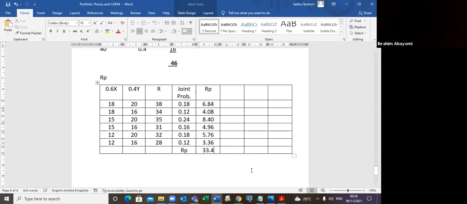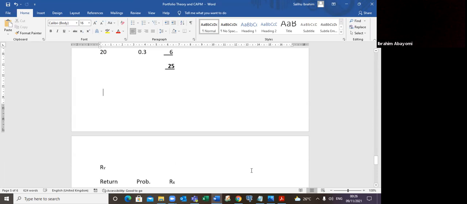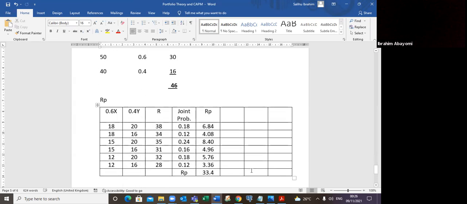So that's requirement A. We have computed expected return on each of the securities and expected return on the portfolio. The portfolio now is the expected return on the combination of what? Combination of the two securities. Let's go to requirement B.